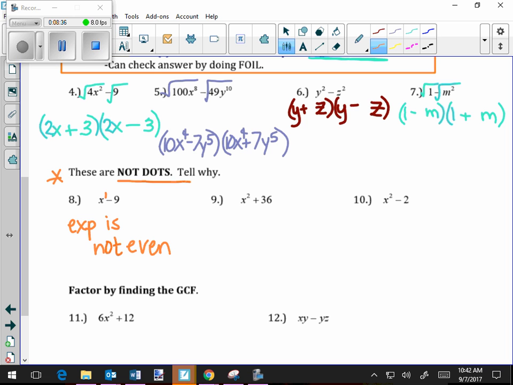In question 9, the reason why this is not a DOTS question is because of the plus sign that's here. So I'm going to put that the sign isn't a negative. And it has to be in order for it to meet the DOTS rule. And then for question 10, the reason why this is not DOTS is because the number at the end, the 2, is not a perfect square.